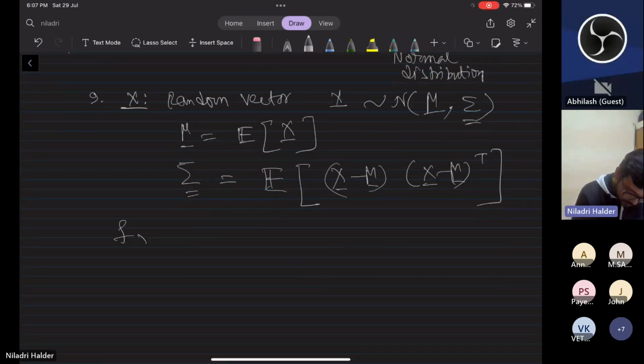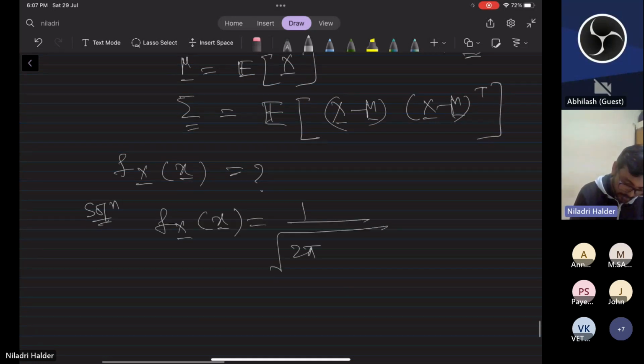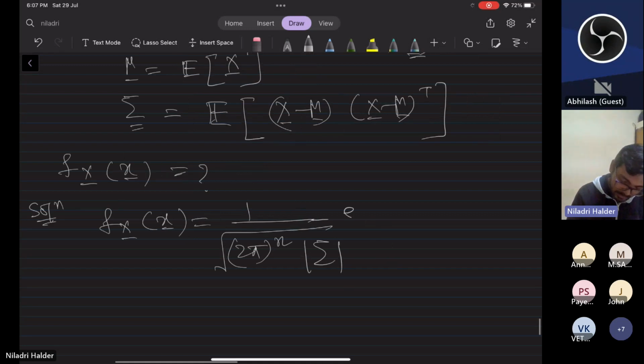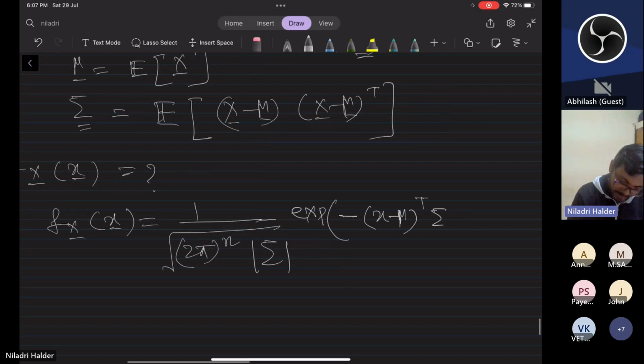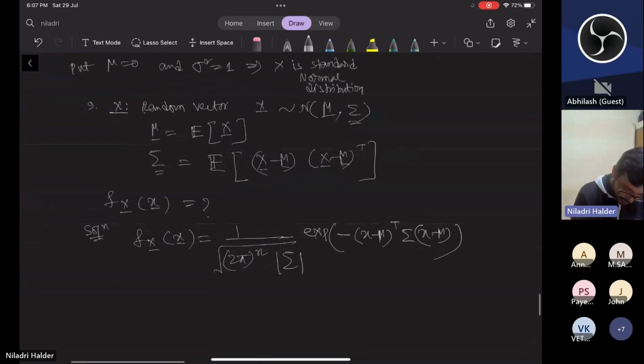Then we can write down the generalized equation: 1 by root over (2 pi) power n determinant of sigma, exponential of minus half (x minus mu) transpose sigma inverse (x minus mu). So this is just the formula for random vector x.